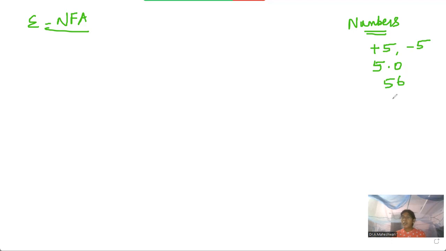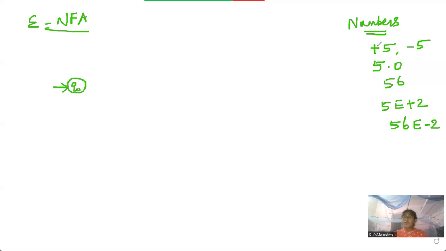Then 5e plus 2 or 56e minus 2. This is also possible in these numbers. For example, I'll start from here. Initially, I'll start at Q0.